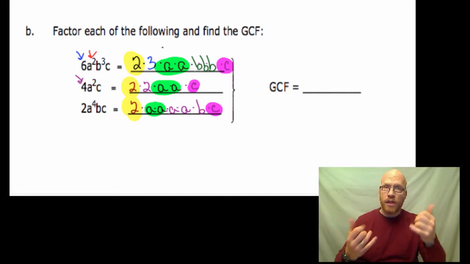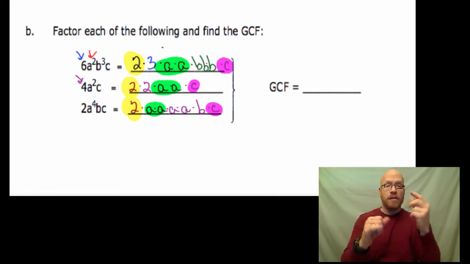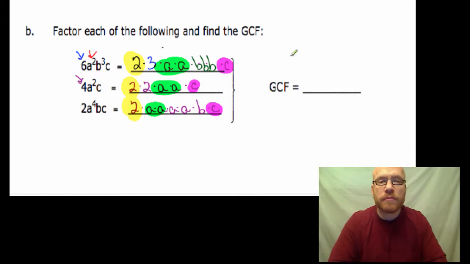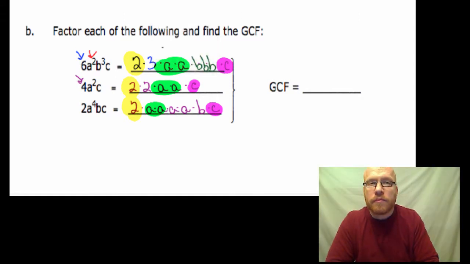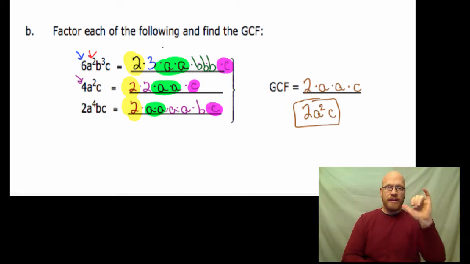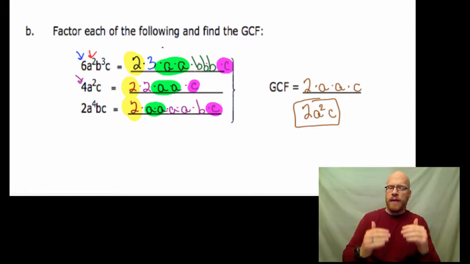All right. Now, we're going to take our yellow and our green and our pink, or purple, whatever, and move it over to our GCF. 2a squared c is the largest possible divisor for these three terms.